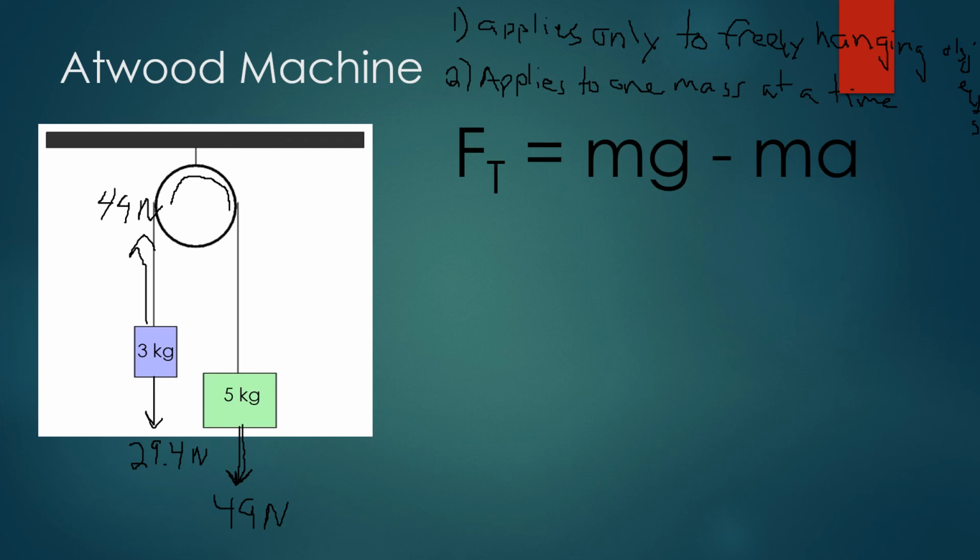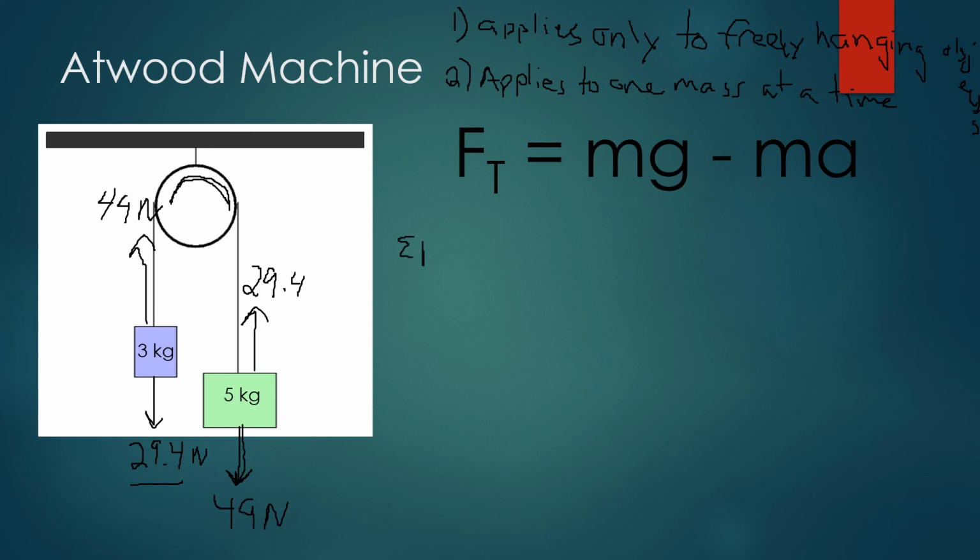The same thing applies for the 29.4. It's being pulled down 29.4, and it's pulling down through the whole rope to the pulley. And that means the down of 29.4 is now an up of 29.4. So either way you look at it, you can get the same net force.